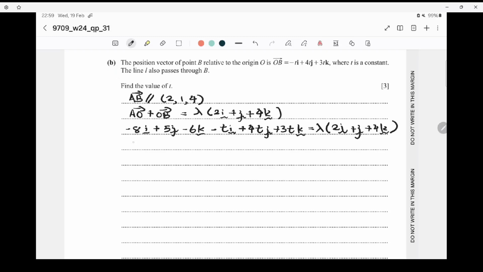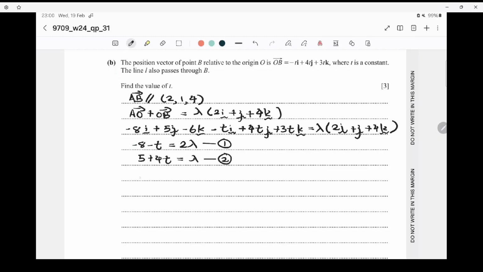So the left hand side of i is minus 8 minus t. The right hand side will be 2 lambda. Because you have two variables, you need two equations. So that will be equation 1. Second equation, let's compare between the j's. So you have 5 plus 4t equals lambda.